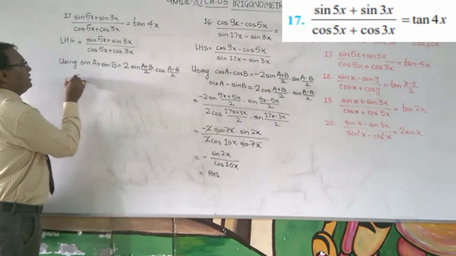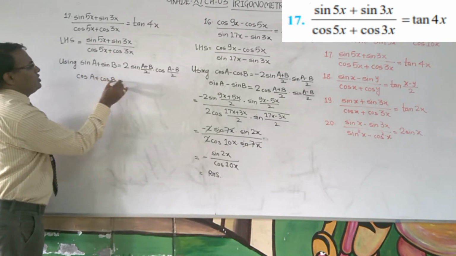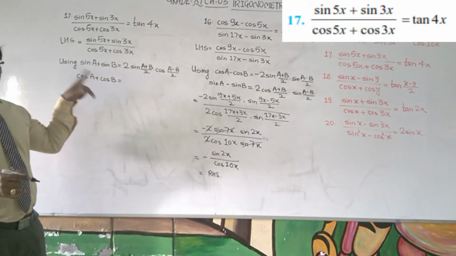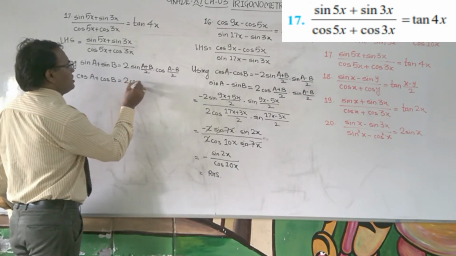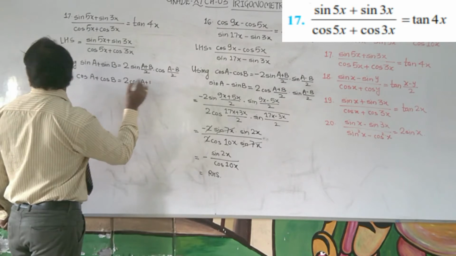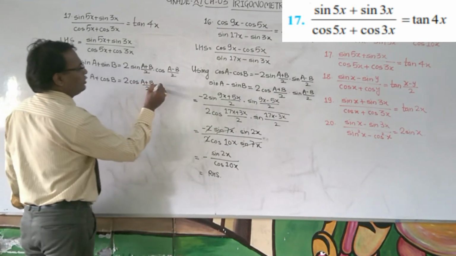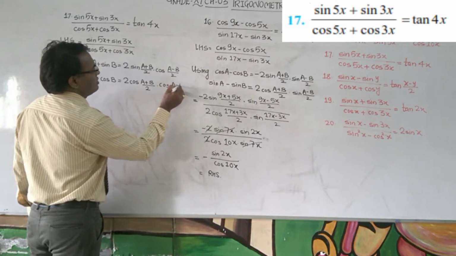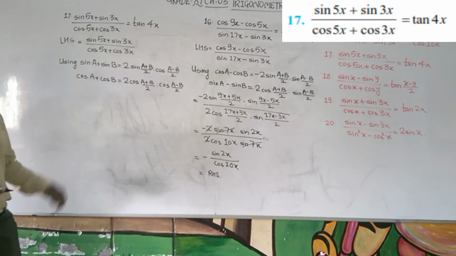Okay, and down one it is cos A plus cos B. Now since it is plus sign, so on both sides it will be cos and cos. So it will become 2 into cos (A plus B) upon 2 into cos (A minus B) upon 2. Okay.